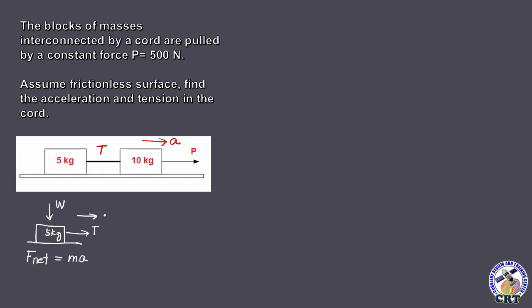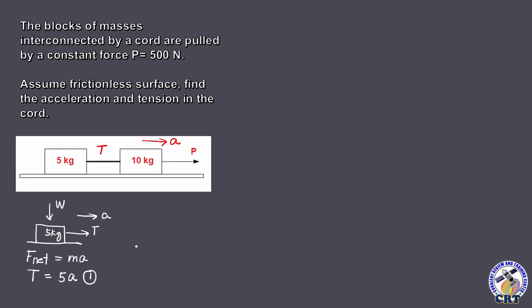Therefore, all of the forces going in this direction are equivalent to the F net. The only force going in the direction of the acceleration is the tension T. This is equivalent to the mass, which is 5 kilograms, times A, the acceleration of the whole system. This is our equation 1.